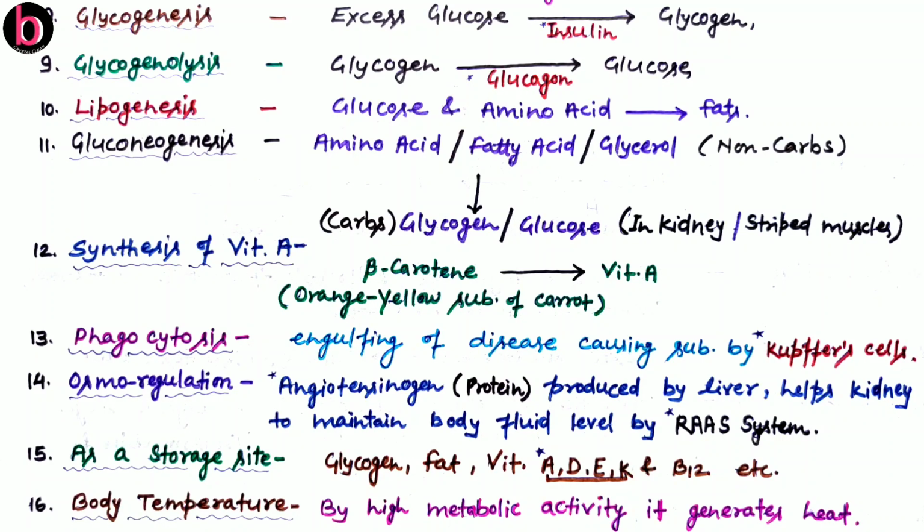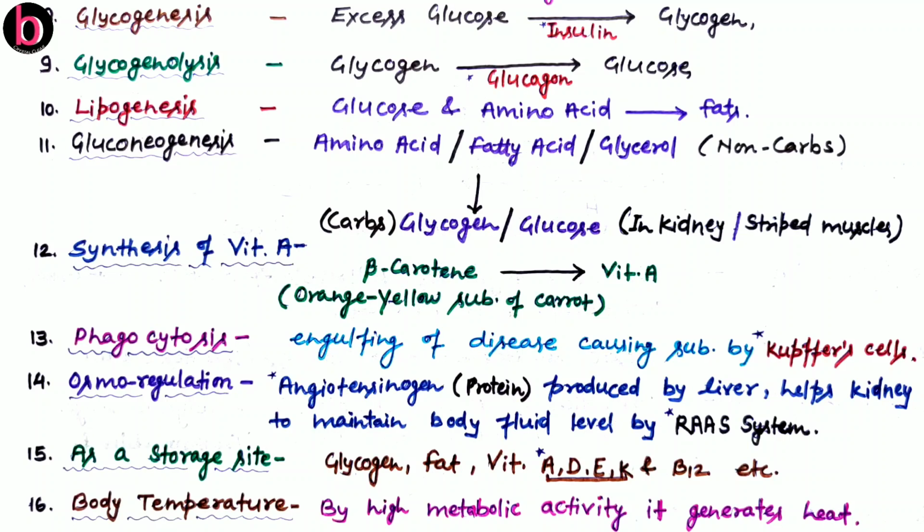The next one is about liver functioning as a site of storage. So liver stores a number of substances like, as given here, glycogen, fat, vitamins like A, D, E, K. All these are lipid soluble vitamins, and also one water soluble vitamin from B complex, that is B12.